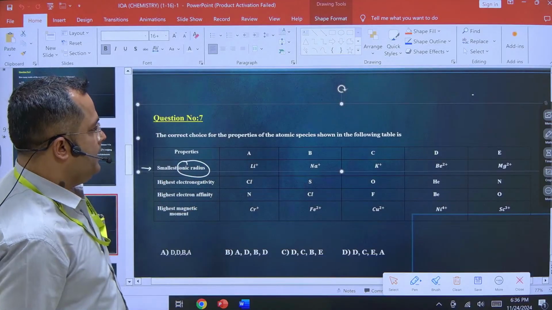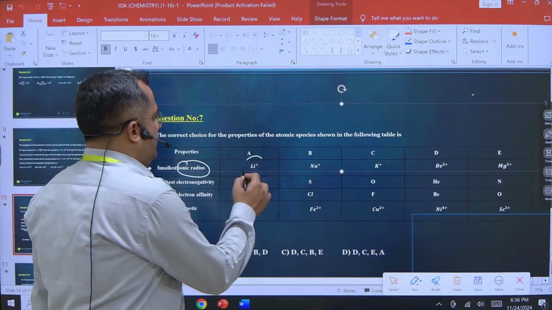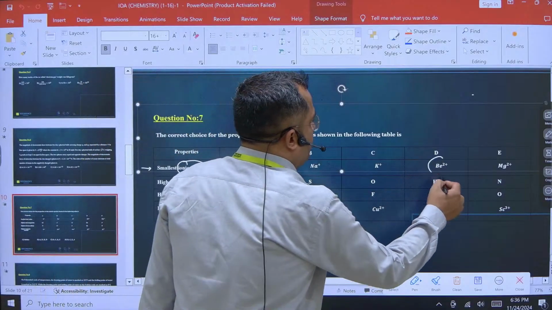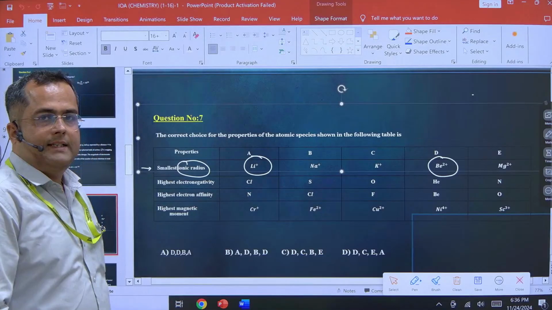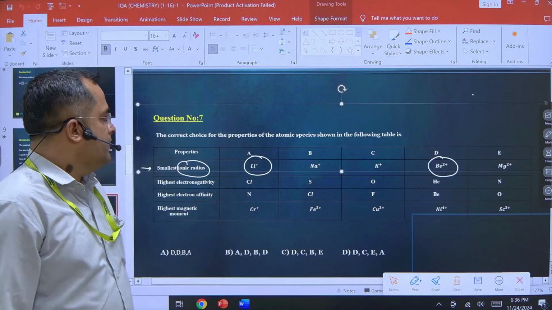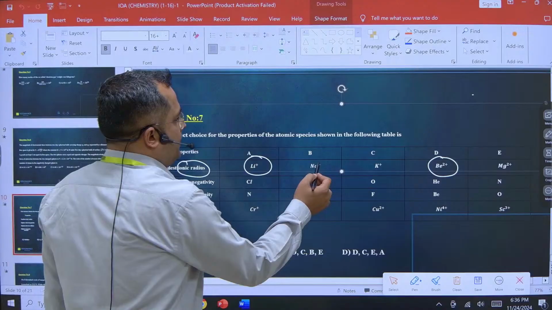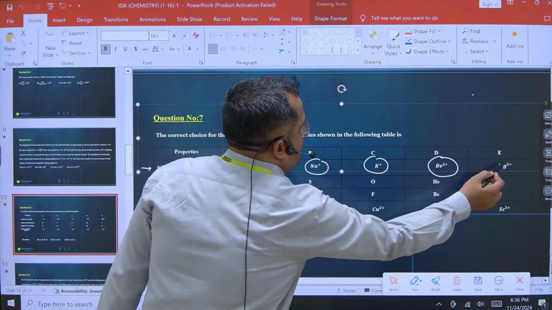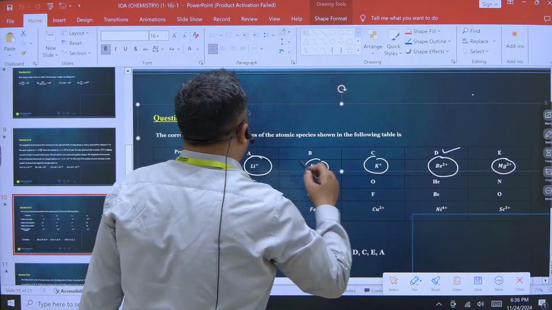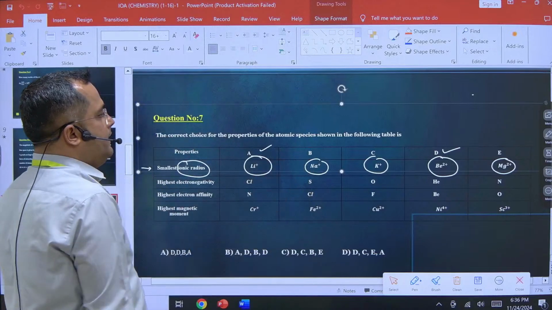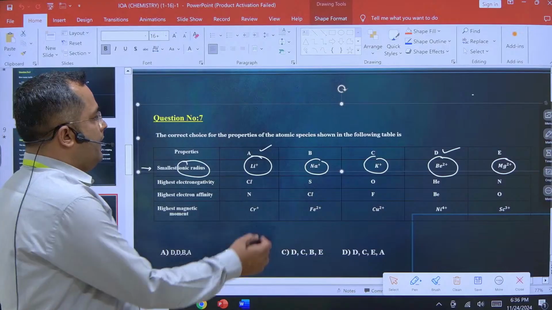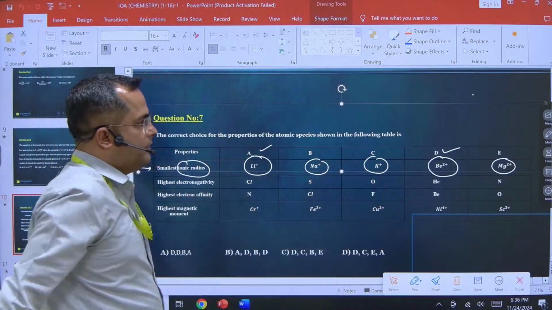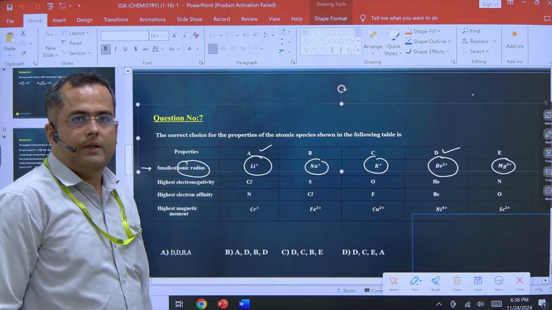In the second period we have only lithium and beryllium, and down the group the radius increases, so the others are below. Sodium ion, potassium ion and magnesium ion are below beryllium and lithium. Lithium is in group 1 and Be2 plus in group 2. So we have to focus on A and D options.